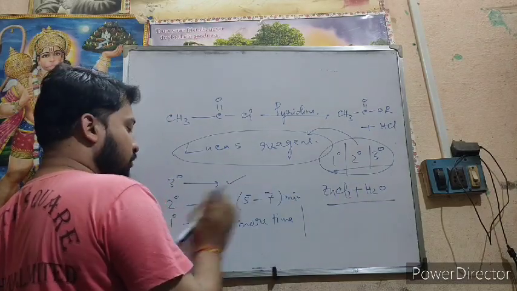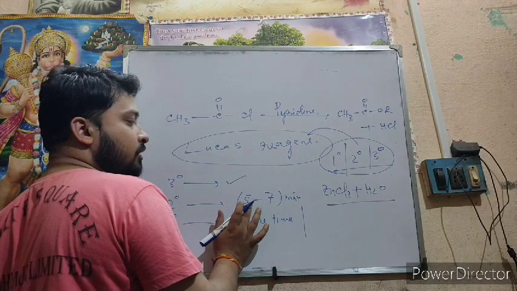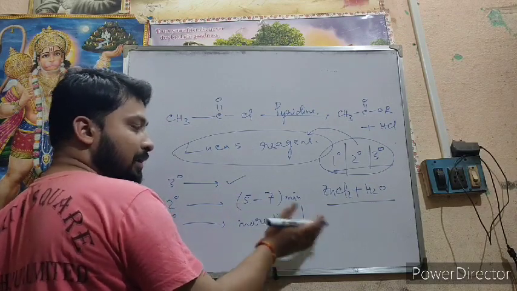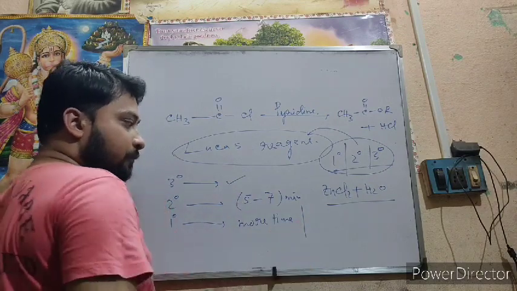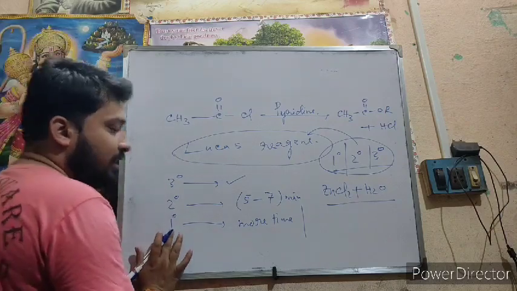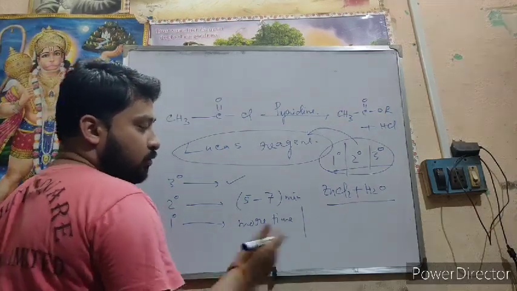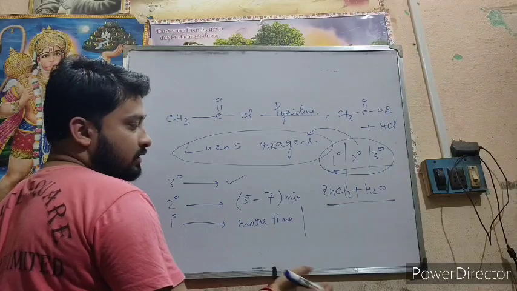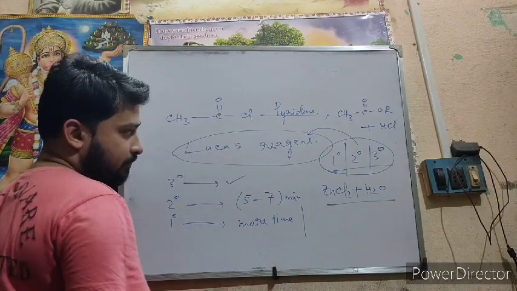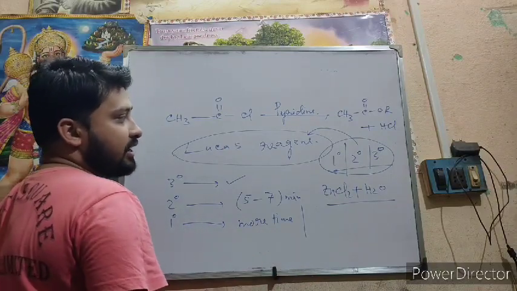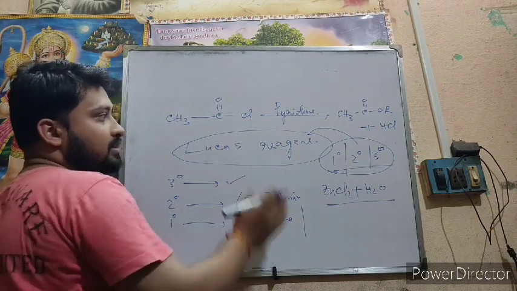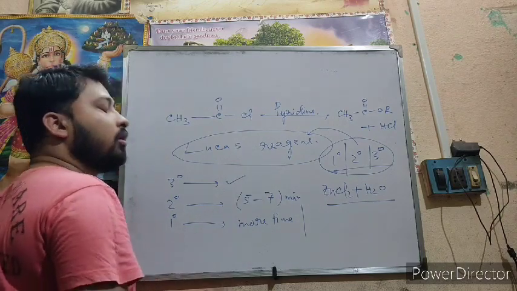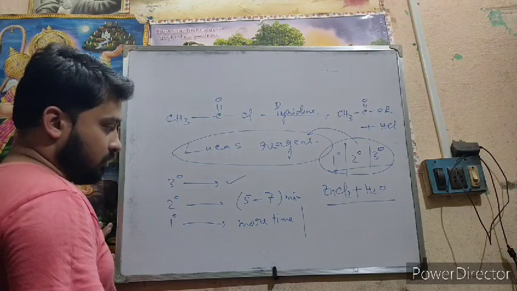But if you use 2 degree, it takes 5 to 7 minutes to give precipitate. If this is 1 degree alcohol, it takes more time or does not give any precipitate. So this is the identification reaction by Lucas reagent on various types of alcohol.